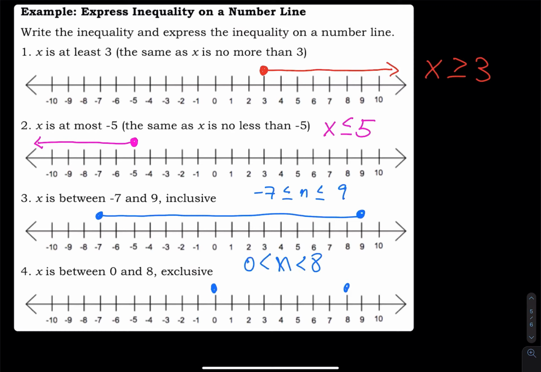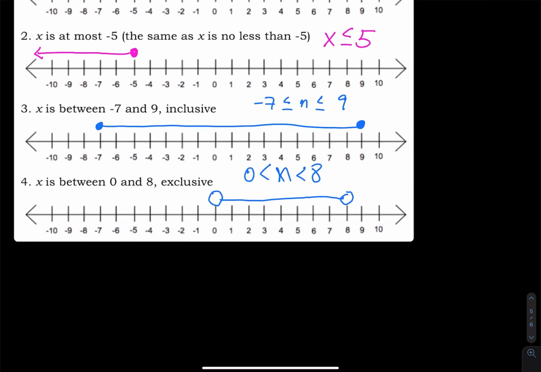If you do not want to include 0 and 8, here is how we fix this. All you have to do is draw an open circle. An open circle means you do not include the 0 and 8. A solid circle means you include the indicated number. So if I give you a quick inequality, say x is greater than 1, you draw a number line, this is 0, 1 is on the right-hand side, greater than 1, then you do this.